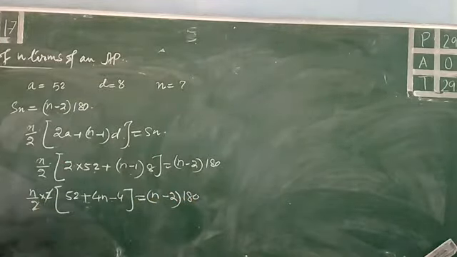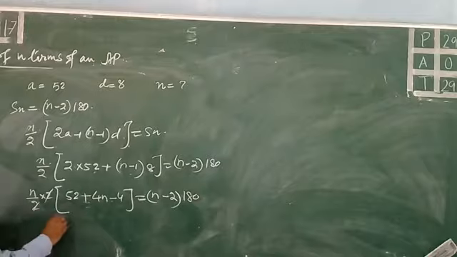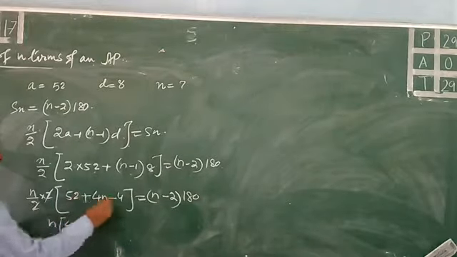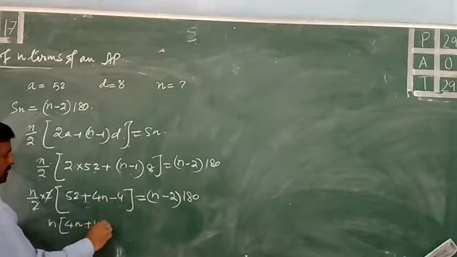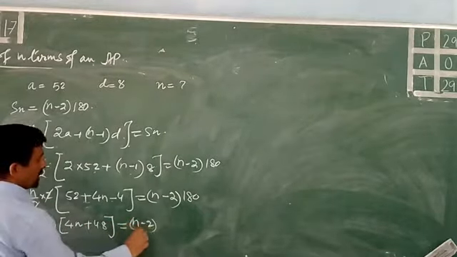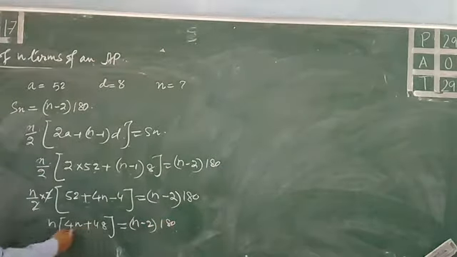Now this 2 and this 2 simplify. Is it alright? Now n into 4n, and this is 48, is equal to (n minus 2) into 180. Do we have any common divisor of these two numbers?